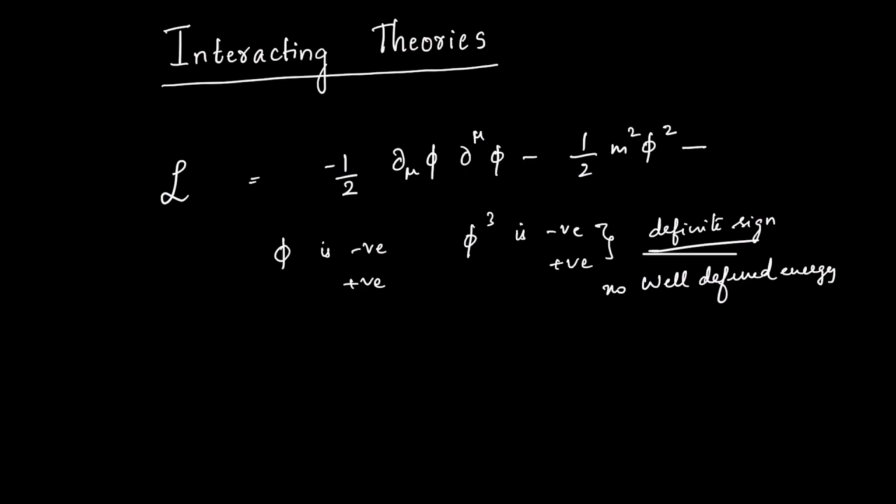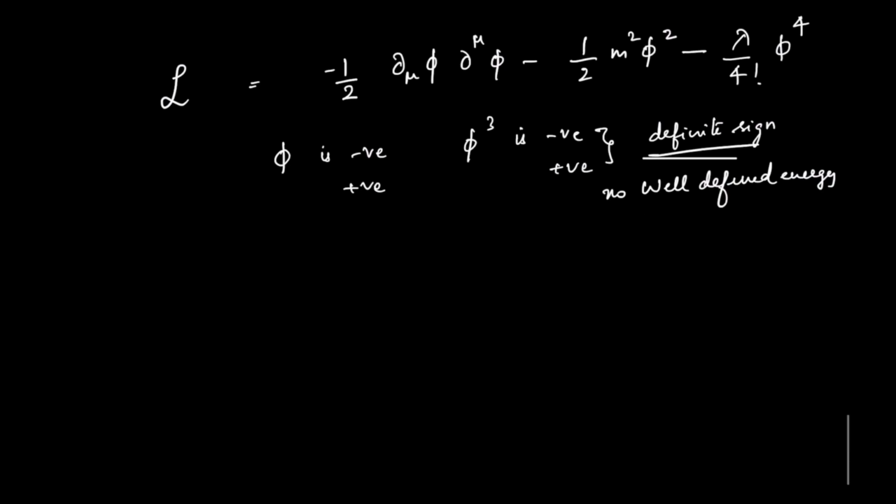Odd powers are always ignored or avoided. So now I have to add lambda by 4 factorial phi to the power 4. Here lambda characterizes the importance of the interaction, and it is called the coupling constant.